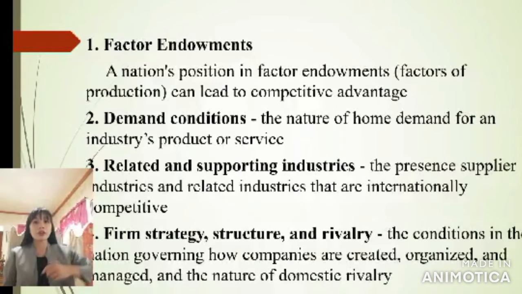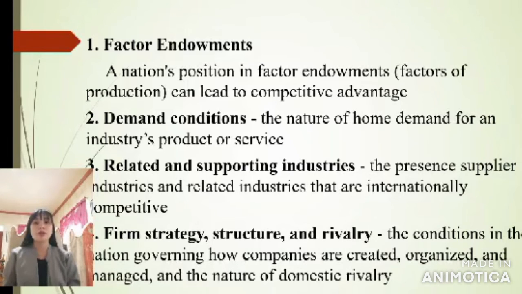Factor endowments. A nation's position in factors of production can lead to competitive advantage. These factors can be either basic, like natural resources, climate, and location, or advanced, such as skilled labor, infrastructure, or technology. Demand conditions: the nature of home demand for an industry's product or service.